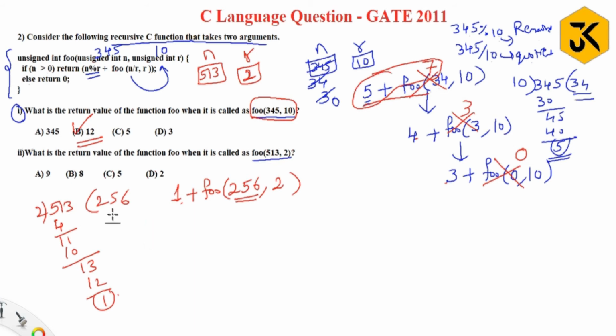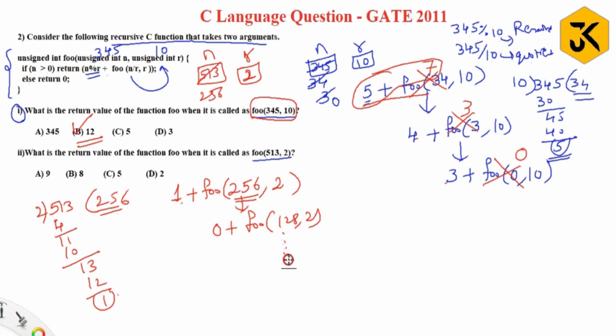So that is what I have written, 256 here. Guys, observe here, 256 is a power of 2. When it is a power of 2, you will always get 0 as the remainder. I mean whenever we call again, n value will be now 256 comma 2. 256 modulus 2, you will get 0 only, then 128 comma 2.